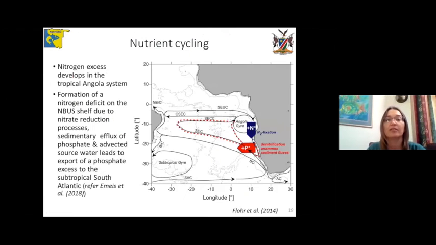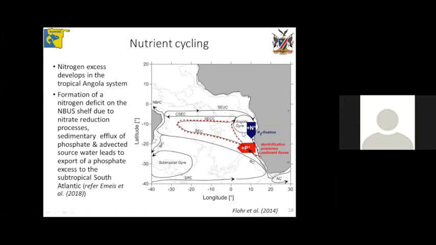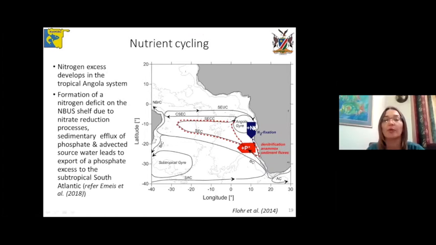So looking at the nutrient cycling, basically what you have is a nitrogen source or nitrogen excess, which arises here in the Angola Gyre region seasonally, and this is transported onto the Namibian upwelling shelf, the northern Benguela here.